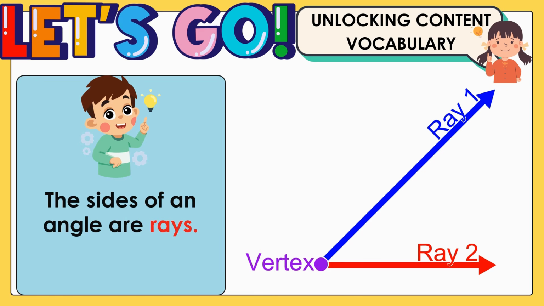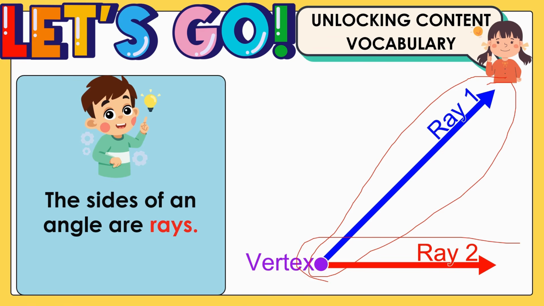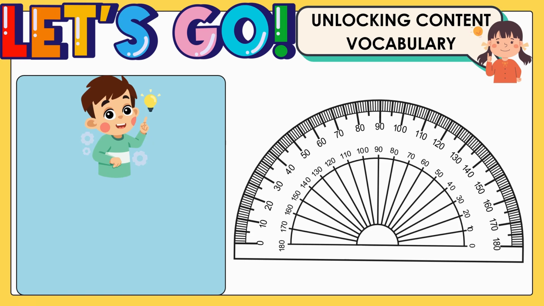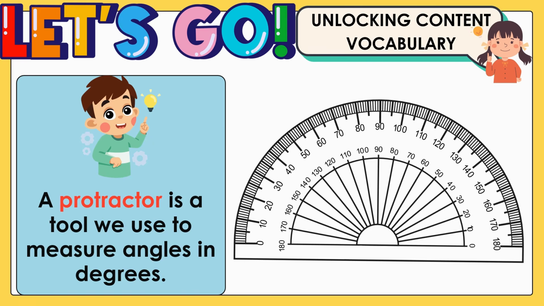The sides of an angle are rays. We have the first ray and the second ray. Next, we have protractor. A protractor is a tool we use to measure angles in degrees.